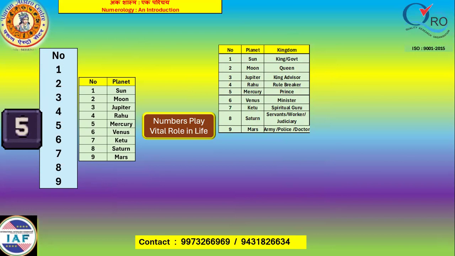And in this way, relationships can be drawn. In this presentation itself, I will try to show you the relationships, what are the inimical planets of each, what are the inimical numbers of each number.